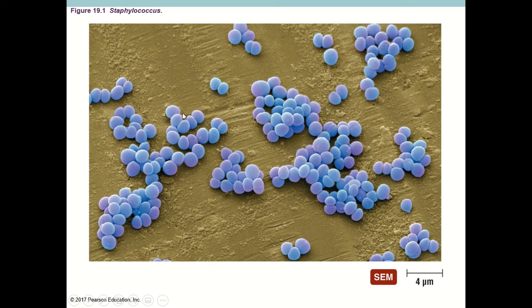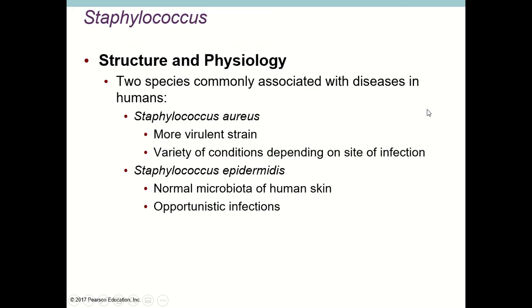This is an enzyme that breaks down hyaluronic acid, which is found on the skin, and I'll show you some pictures right now of what happens when they do produce that hyaluronidase, and it acts against our skin epithelium. And last but not least is staphylokinase, which is going to dissolve fibrin threads in blood clots to allow the bacterium to free itself once it's inside of an organ that it must attack.